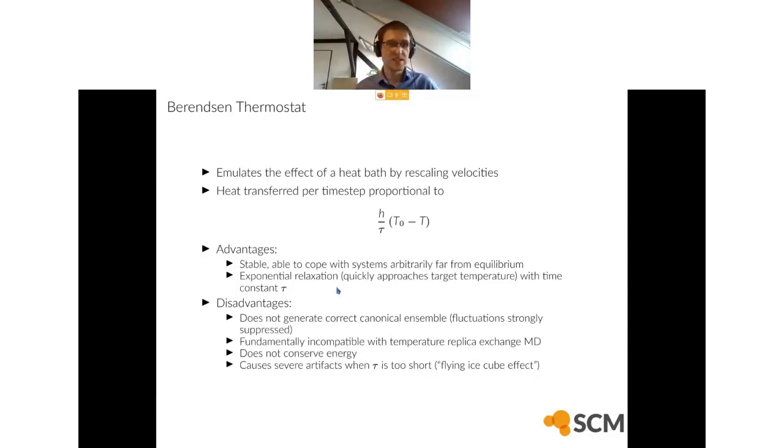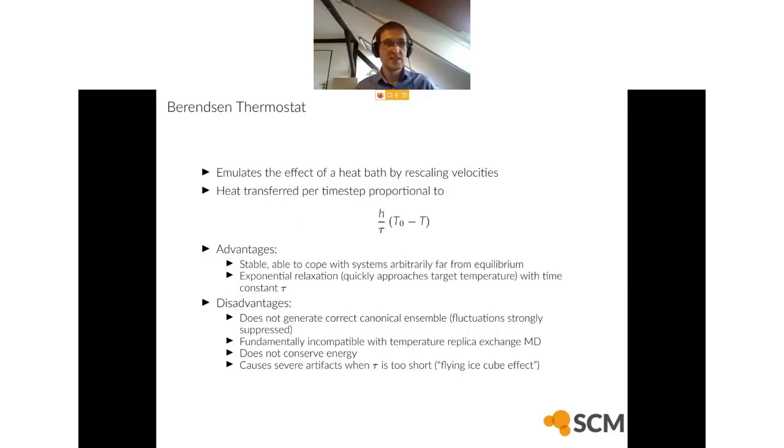There are more than a couple of disadvantages with the Berendsen thermostat. Most importantly, it does not generate the correct canonical ensemble. The fluctuations you will get with a Berendsen thermostat in your simulation are much, much smaller than they should be. This is because the microcanonical ensemble does have some amount of natural fluctuations, and the canonical, the constant temperature ensemble, should have higher fluctuations than the constant energy ensemble.